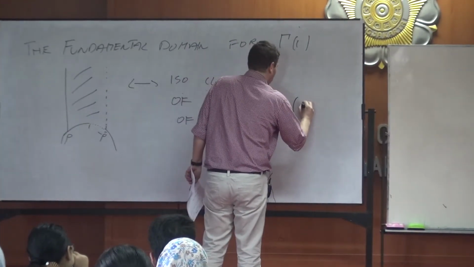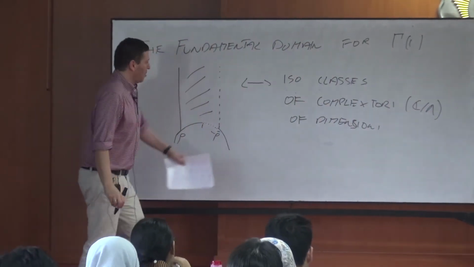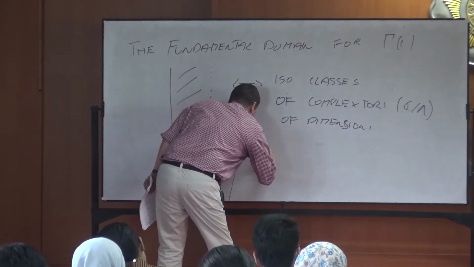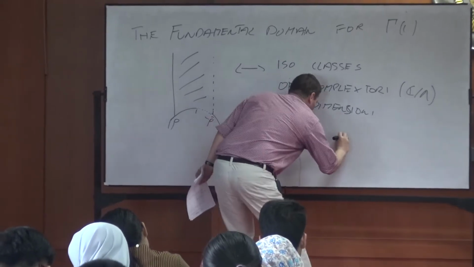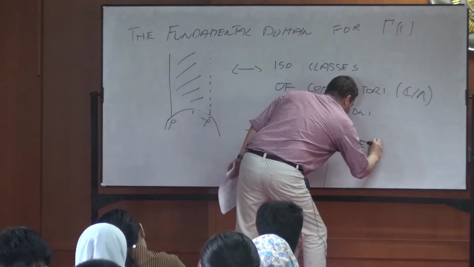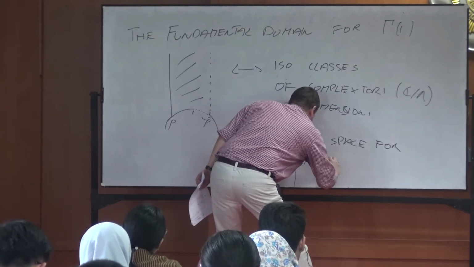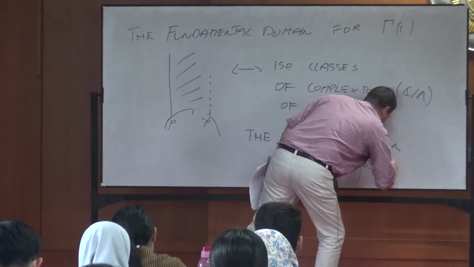So these are just C modulo a lattice. Now, this object is usually called the moduli space. The moduli space for the same thing, for complex tori of dimension 1.